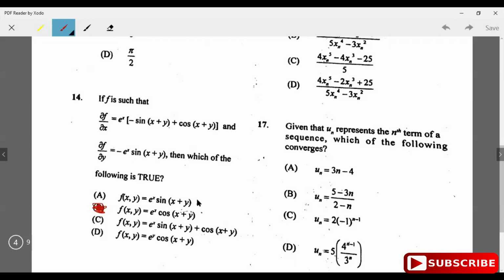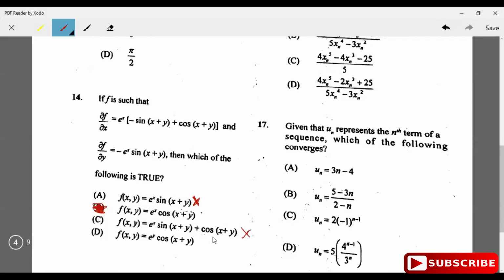So option A would be dou f by dou y equals e to the x cos of x plus y. Since when we differentiate it, we should get cos, clearly option A is out.